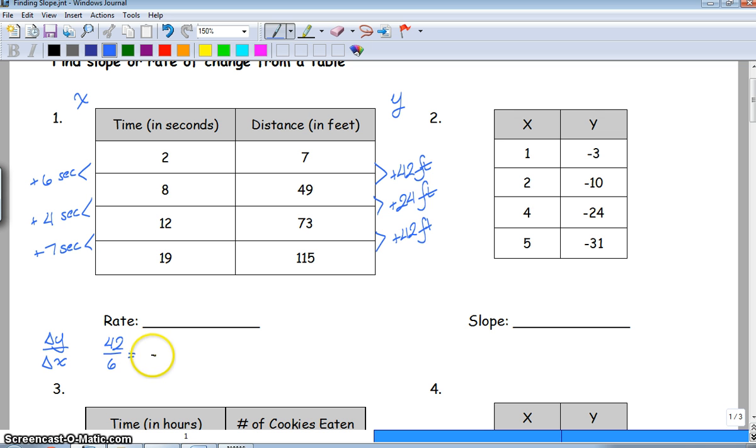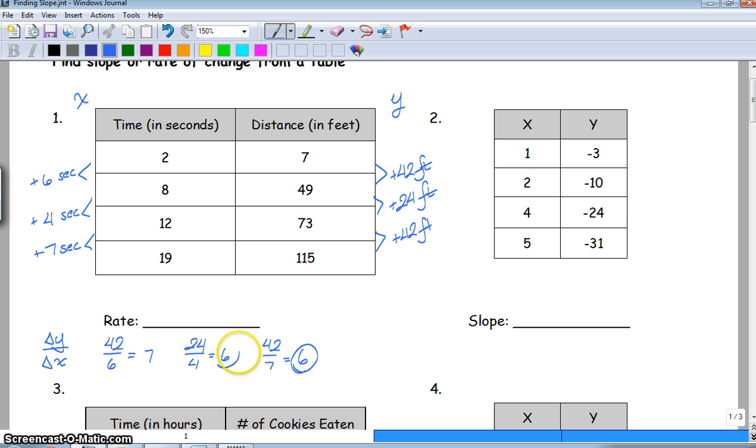I simplify and I get a 7. Then it's 24 divided by 4, which when simplified is 6, and 42 divided by 7, which when simplified is also 6.